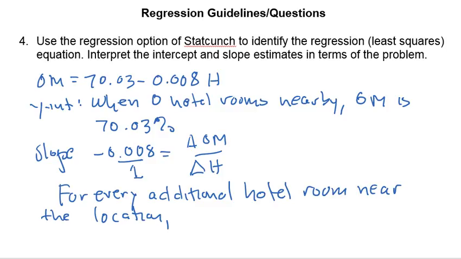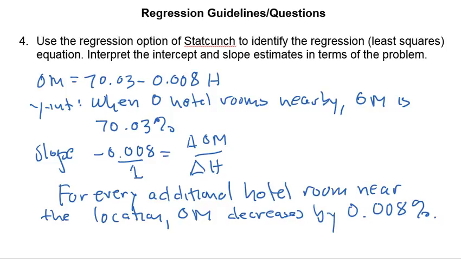The operating margin decreases by 0.008%. This is in percent, 0.008%. And that's the interpretation of the slope.